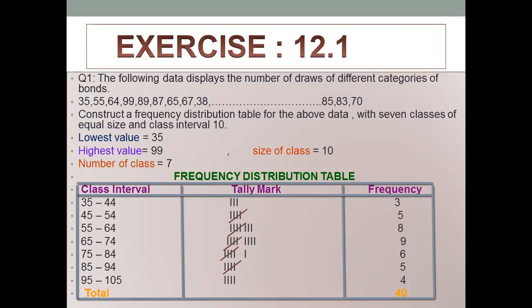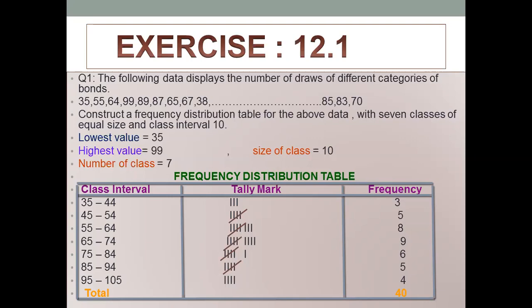But in this question the size of the class and the number of classes are already given. You only check in your data which is the lowest number and which is the highest number.